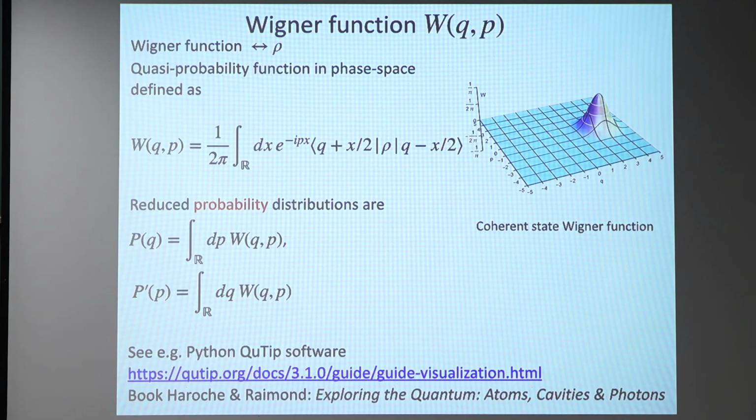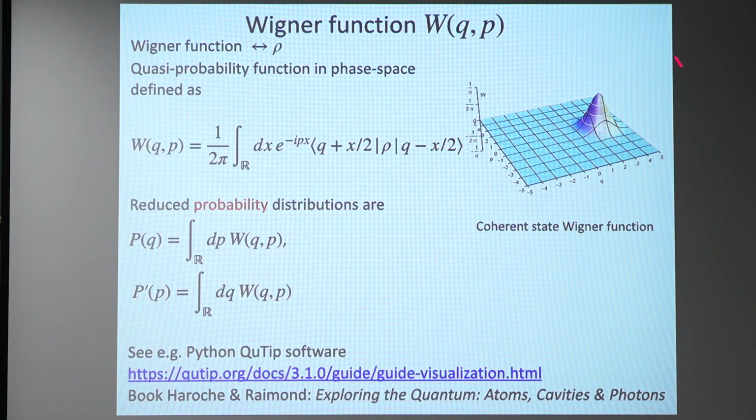But for quantum systems, Wigner has come up with something that's a quasi-probability, so it can be negative. And you can get it from rho by a transformation. And it's one-to-one, so it characterizes everything. And if you look at the reduced state, so I trace out over the p coordinate or the x coordinate, I do get probability distributions.